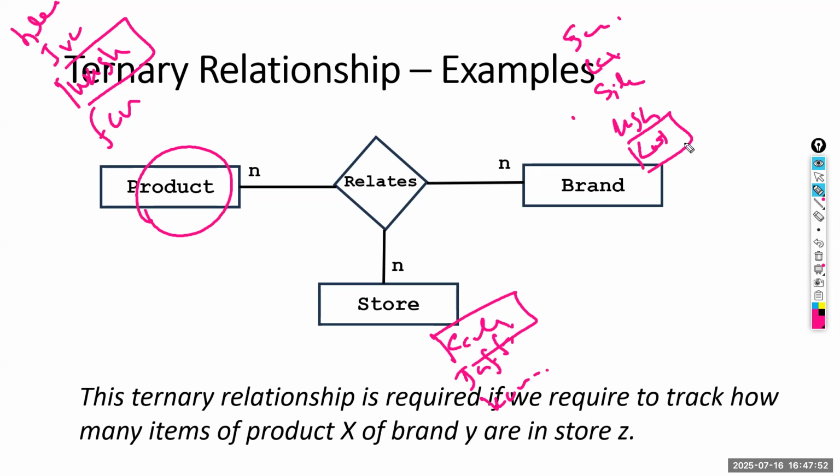Samsung washing machines in Colombo. Then how many Samsung washing machines are in Kandy? Okay. So I always combine three concepts together. It's like student, teacher, subject. So then it is a ternary relationship. It's not two binary relationships.